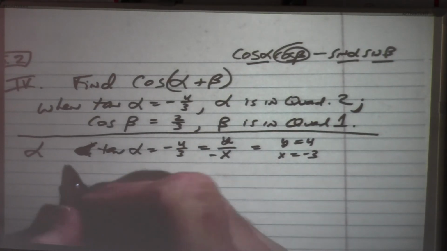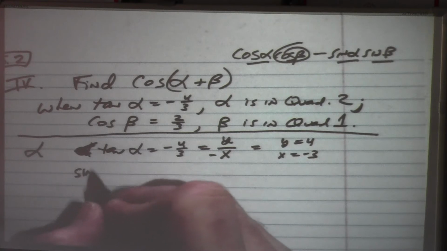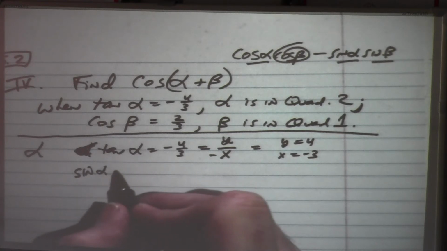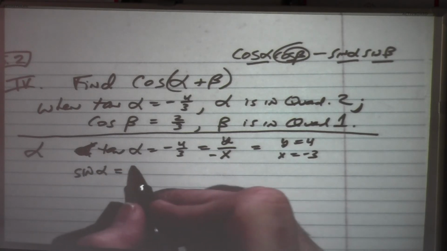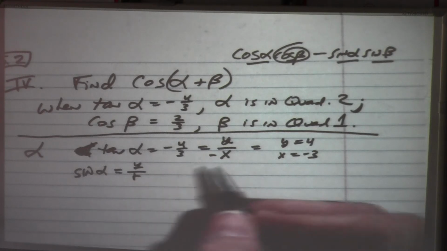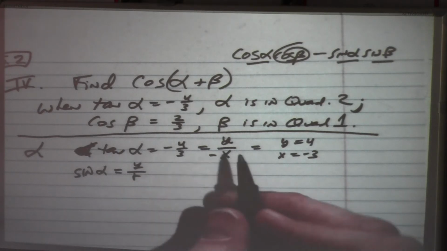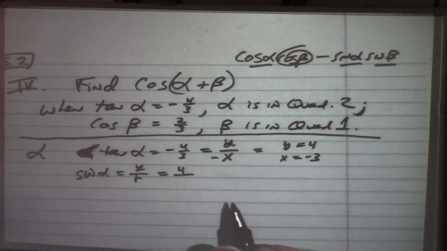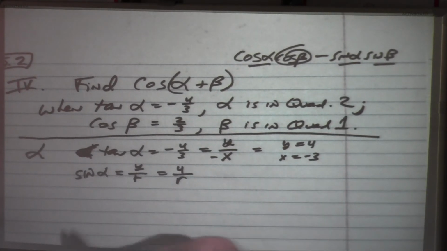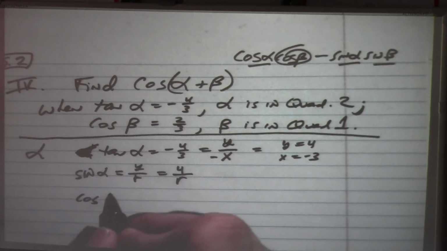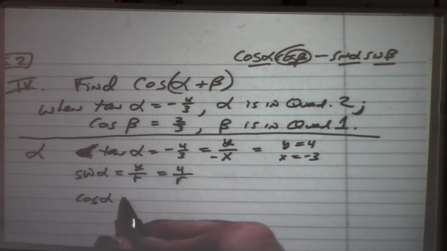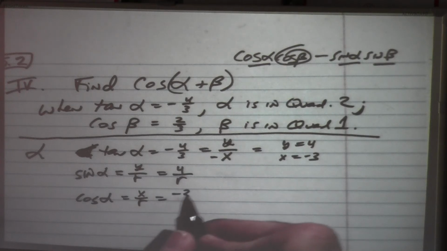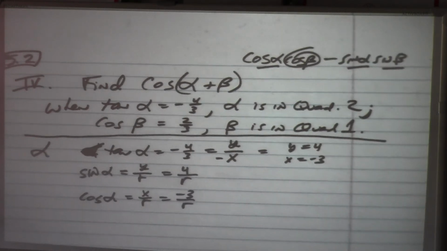And the reason we want that is because the sine of alpha is going to be equal to the y over the radius. We've learned that before, and now we're going to use it, which means it's 4 over something. We just know it's r right now. We have to figure out that r. And the cosine of alpha is going to be x over r, which will be -3 over r, and we just don't know the r yet.